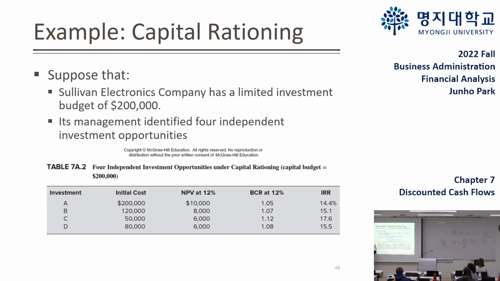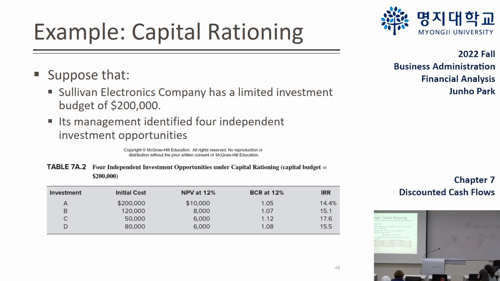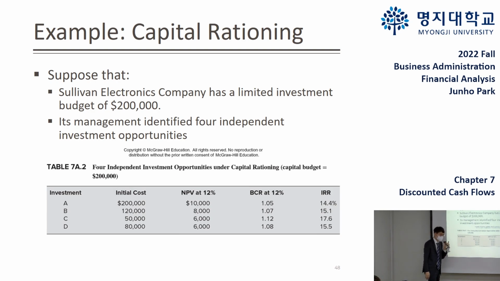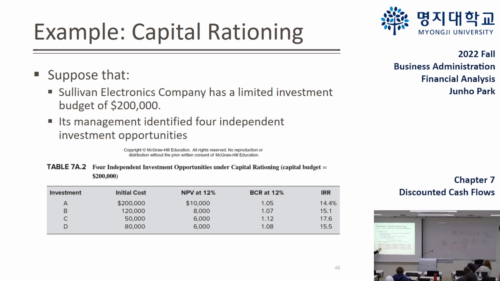Therefore, by choosing B and C together, we have the remaining money of 30. And we can fractionally invest in D, so we can have the ownership of 3 over 8, and that's possible if fractional investment is allowed. Alternatively, we can choose B first, and then D, and then we have no money left, so that's the end.